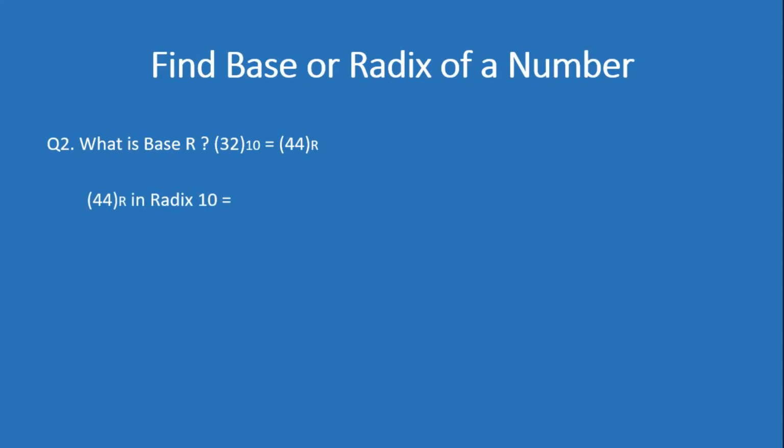So first of all, 4 will be multiplied by r to the power 0 and it will be added with 4 multiplied by r to the power 1. It will be equal to 4 plus 4r. So 44 in base r is converted into radix 10 and that is equal to 4 plus 4r.